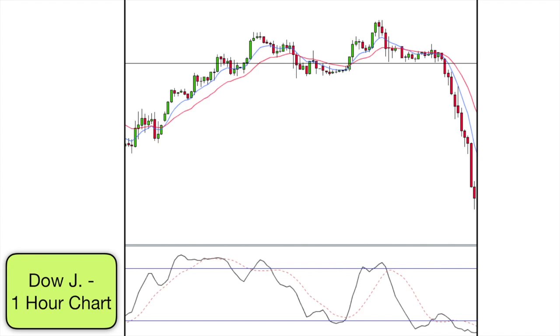The market makes its way back up. This isn't a particularly strong move. There are some fairly large bull bars in here, but you've also got some resistance from the bears here, a couple of bear bars, and the market makes a higher high and the momentum indicator makes a lower high.